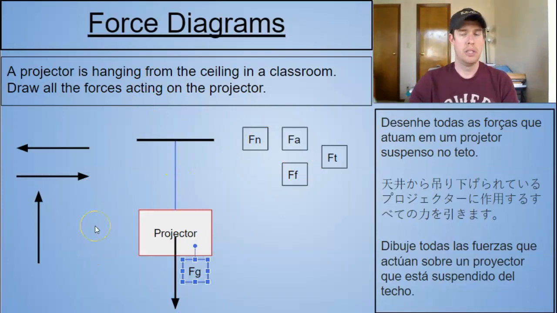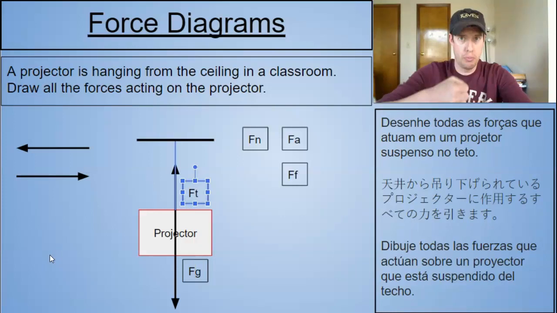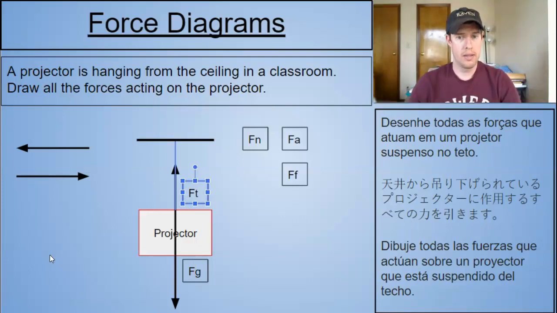and we are not applying a force. There is no friction opposing our force, so there are no sideways forces. However, we do have a F of T. We have a force of tension that is working against gravity, and that is helping to pull that object against gravity's pull.